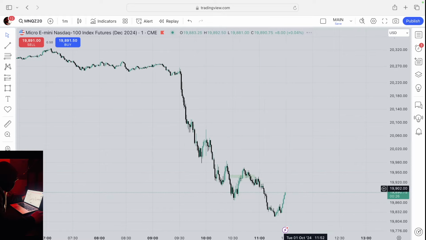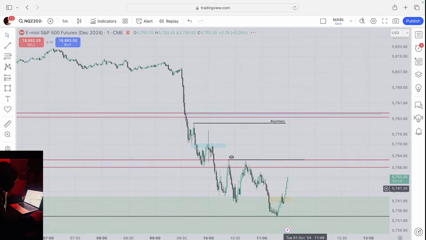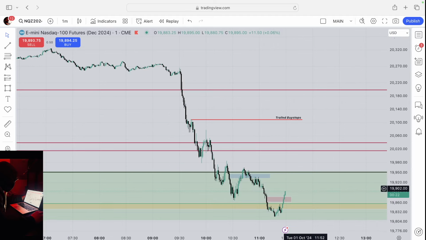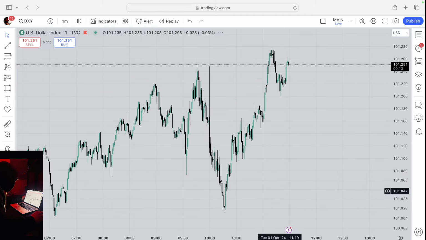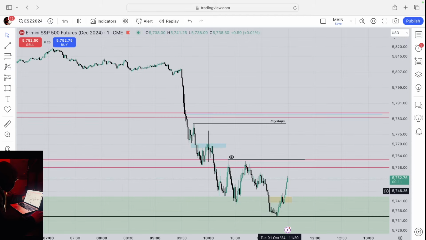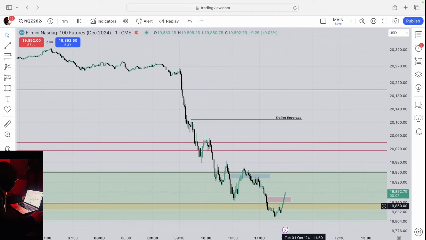And honestly, with this context here, and given how I'm approaching this account that I have loaded up here, I'll probably just be taking some micros on this. So I'll be trading the NASDAQ micro.